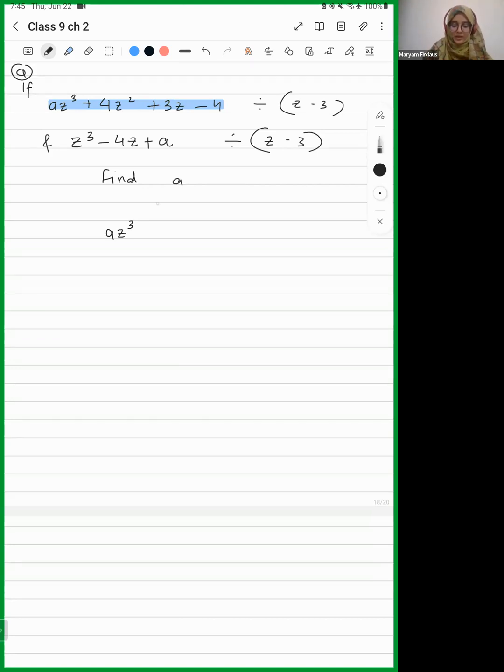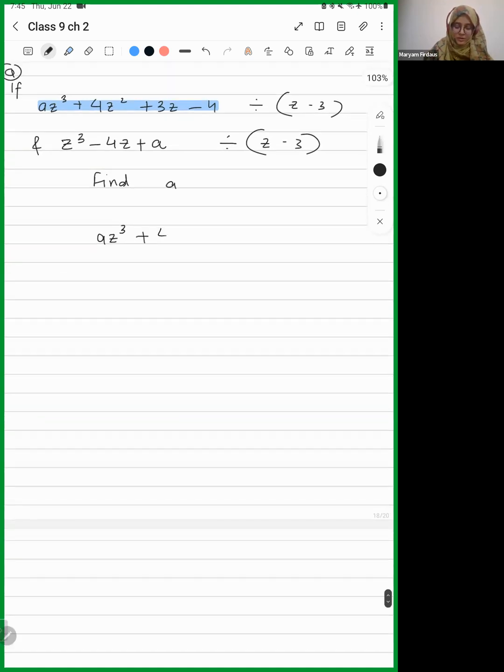So az cube plus 4z square. I hope you're writing this in your notebook, both of you. Are you writing this in your notebook? Yes, ma'am. Okay, good. You have to divide it by z minus 3.